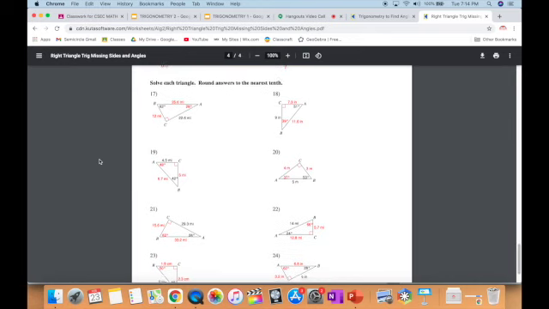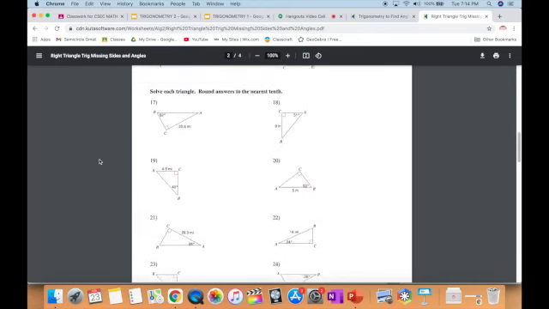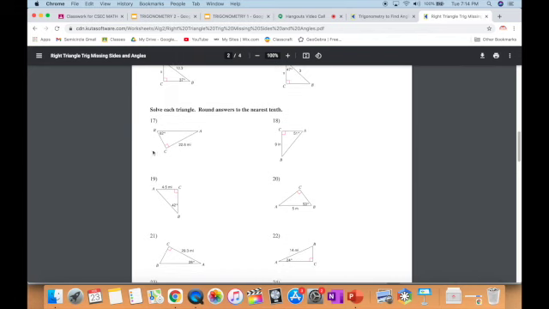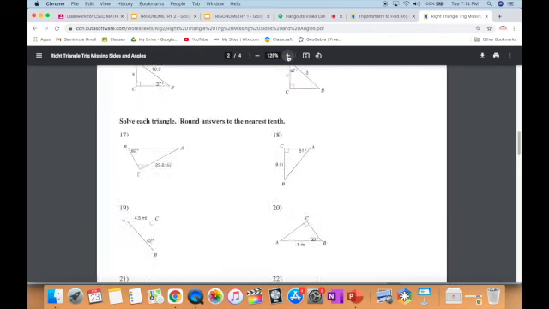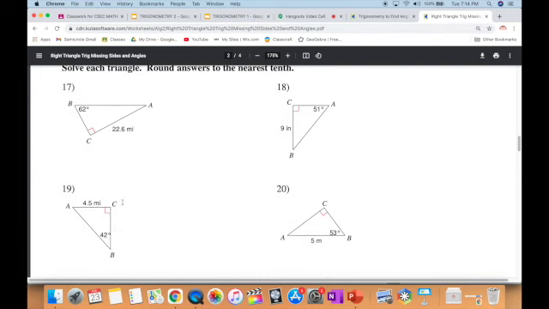Oh, nice. Lovely. I love this. So solve each triangle means, let's take a look at this one, for example. This here is 62 degrees. You see that you have the angle 62 and you have the opposite side. In order to solve the triangle, you have to find all three sides. So you have to find the adjacent side.